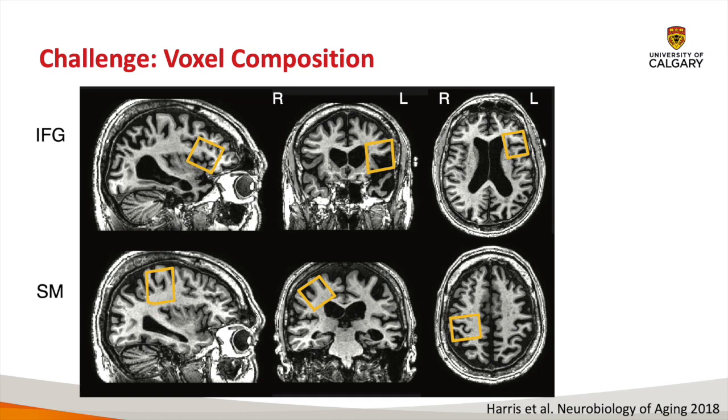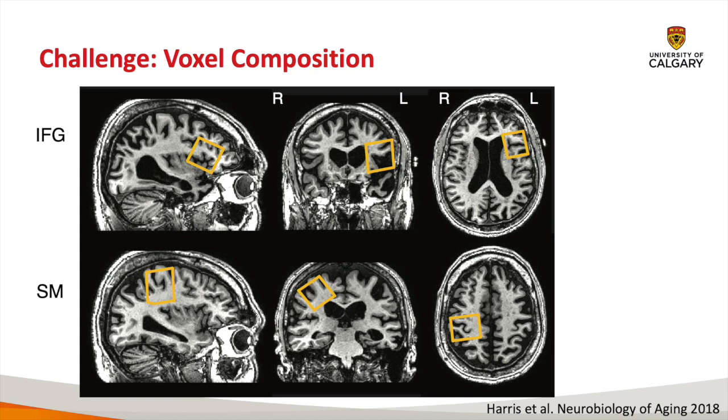I've chosen this slice to be particularly compelling, in that we see really substantial atrophy in the inferior frontal gyrus on the left-hand side of the brain, but we don't see that same level of atrophy on the right-hand side of the brain, and we don't see it in other areas of the brain either.